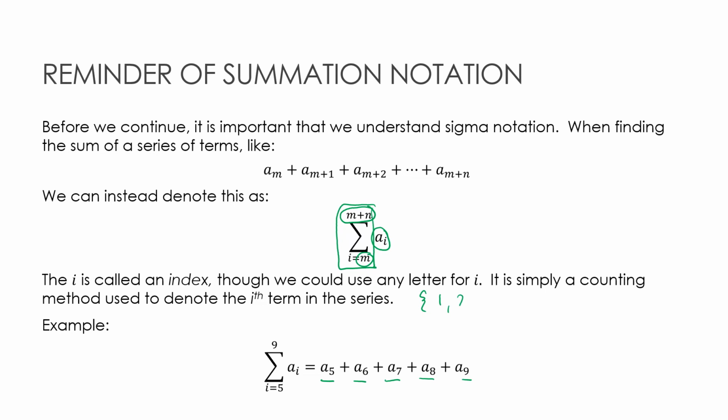So if I gave you the series, and let's say it was just my counting numbers, then you could say a sub 5, so this is a sub 1, this is a2, the second item, this is a3, a4, a5. But they don't always match up like that. So it could be that these numbers were 2, 4, 6, 8, 10, 12, you get the idea. So this is just saying the 5th item in the series, the 6th, the 7th, the 8th, the 9th.